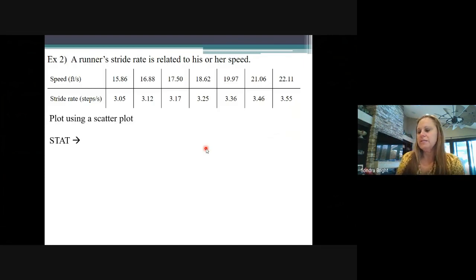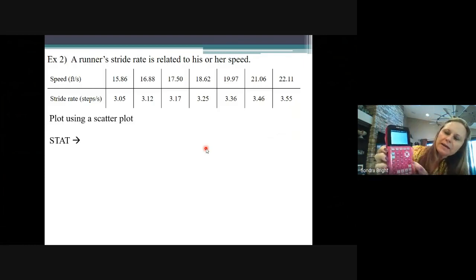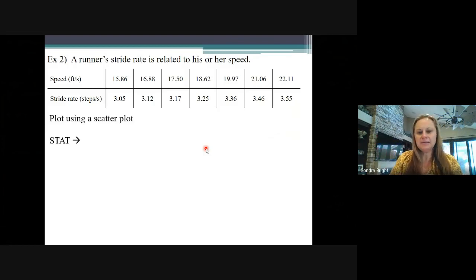The first thing you want to do is hit stat, which is the button right next to the arrows, underneath the delete button. Hit stat and then edit, so just hit enter.